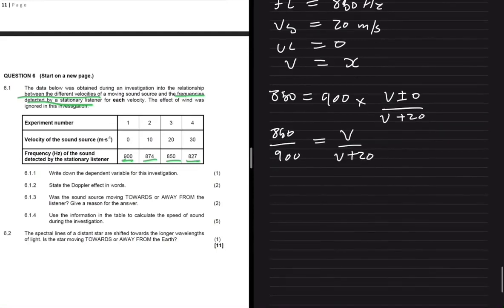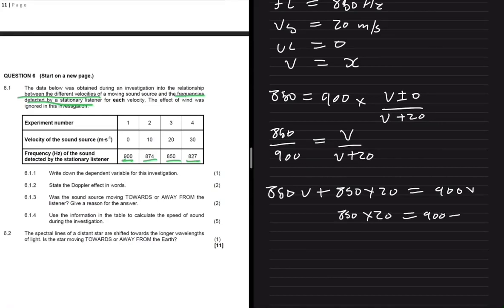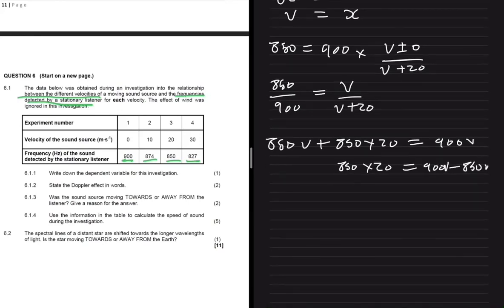Let's multiply: 850 V plus 850 multiplied by 20 equals 900 V. Take the 850 V to the other side: 850 multiplied by 20 equals 900 V minus 850 V, which is just 50 V.